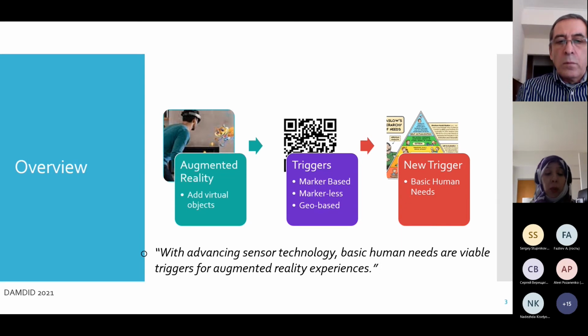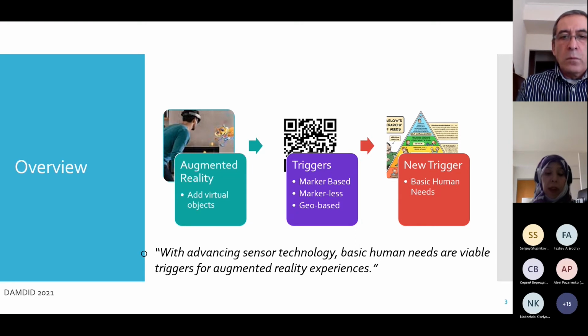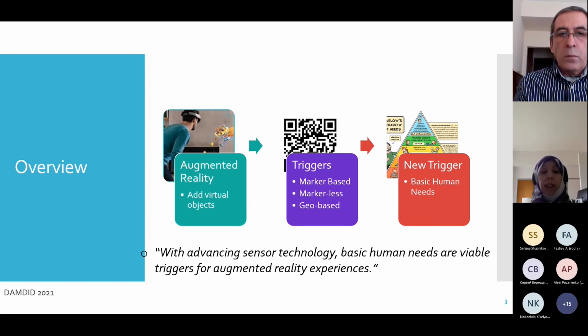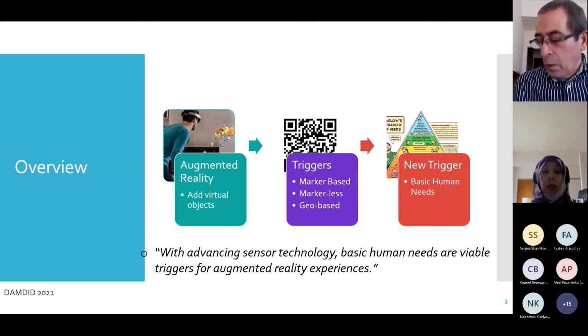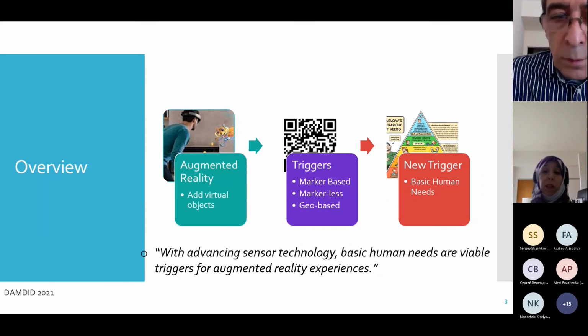In our research, we propose a new trigger for AR experiences, which is a basic needs trigger. Rather than the user requesting to view the AR experience, it automatically appears when there is a need. Therefore, we propose that with advancing sensor technology, basic human needs are viable triggers for augmented reality experiences.